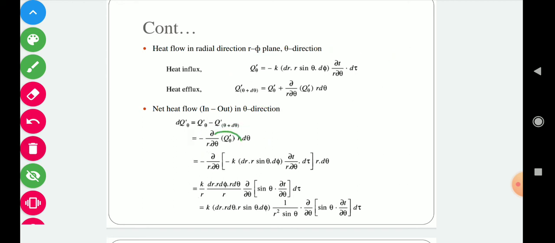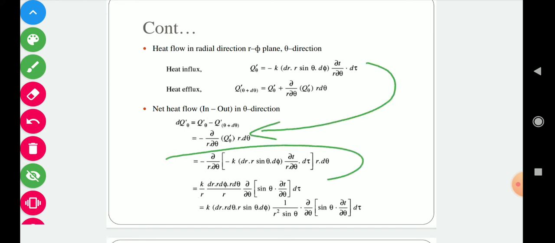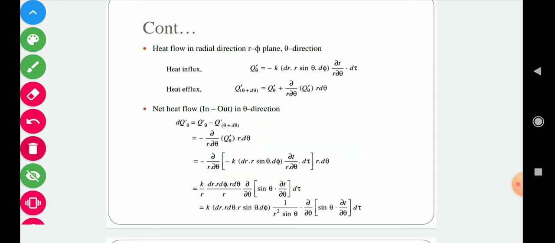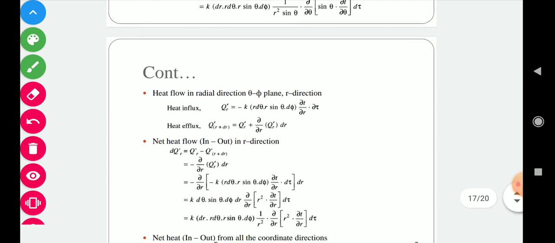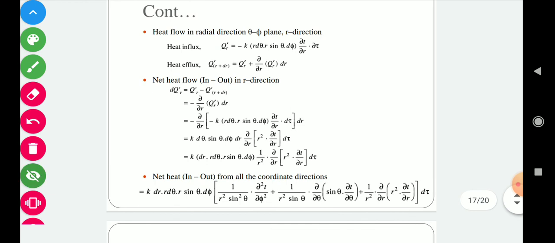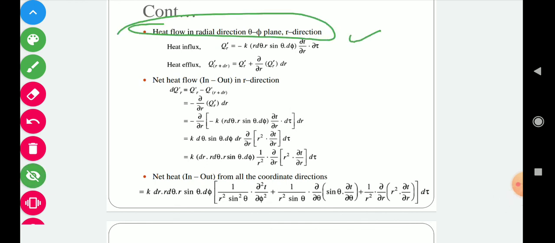In this equation, replace this q theta with the help of this equation, and replacing this value, finally you get this equation, which on further simplification can be written in this form. So in that way you have derived the equation in all three directions. Now the third direction, this one. Again heat influx, efflux, net quantity, then replacing this qr, and finally you get this equation.